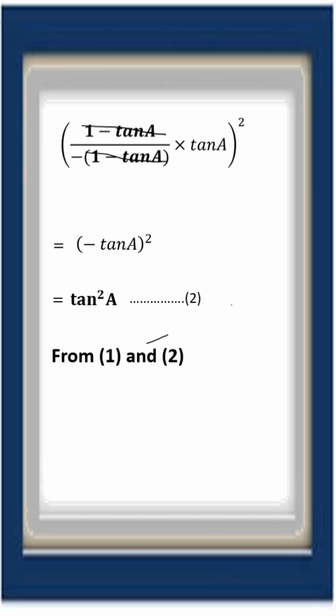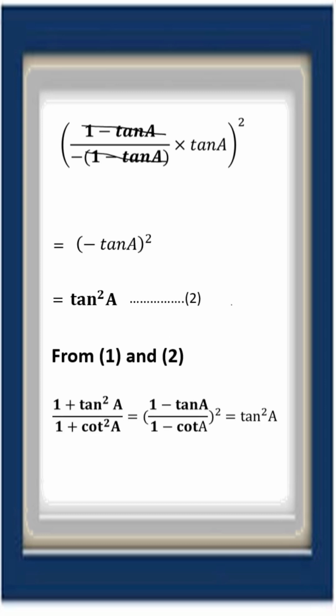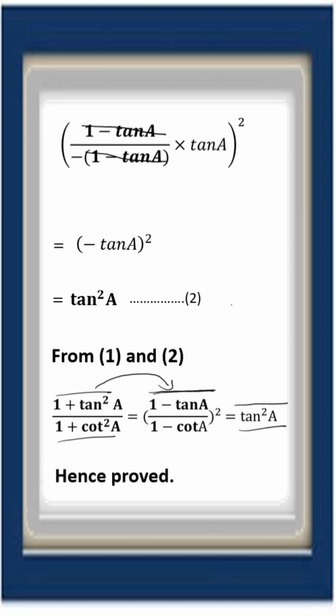From 1 and 2, what do we have now? 1 plus tan square A upon 1 plus cot square A is tan square A, from 1. From 2, 1 minus tan A upon 1 minus cot A the whole square is also tan square A. So this is equal to this, isn't it? First one is equal to the middle one. Hence proved.